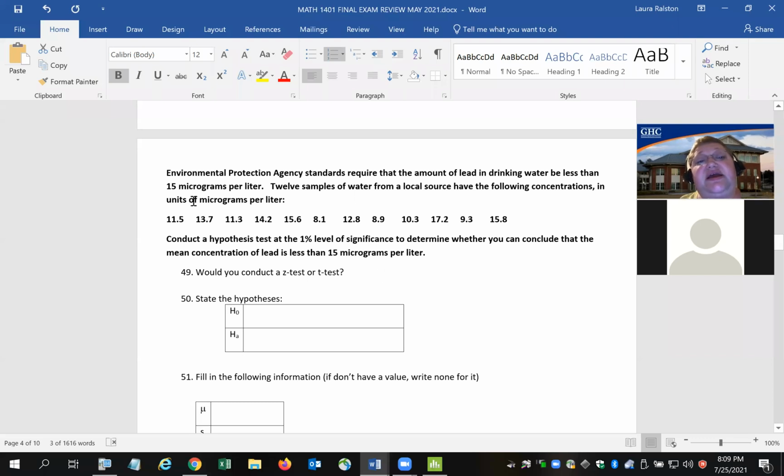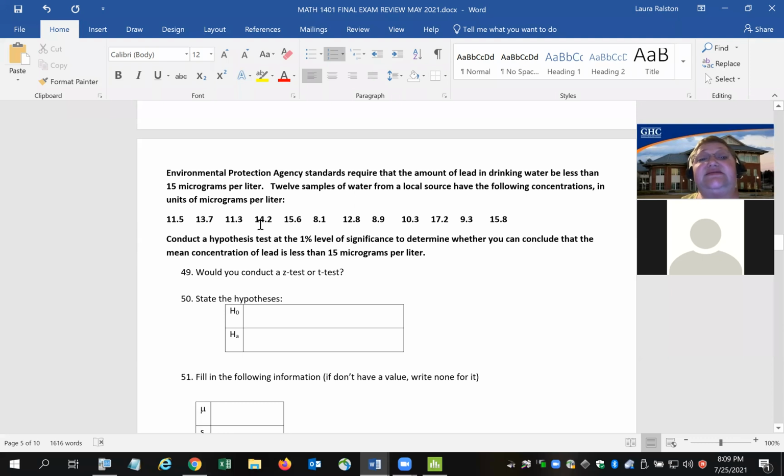This next one actually is a t-test, and it's a t-test where you've been given the raw data. And I recognize that it's a T because nowhere in this scenario does it give me the population standard deviation.